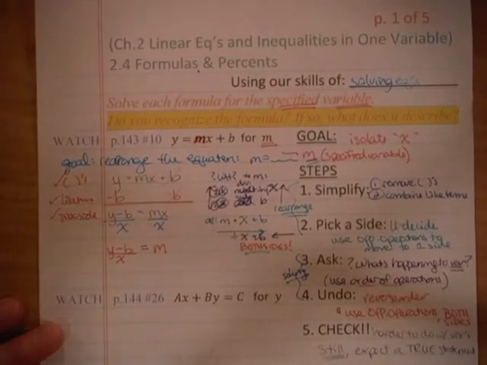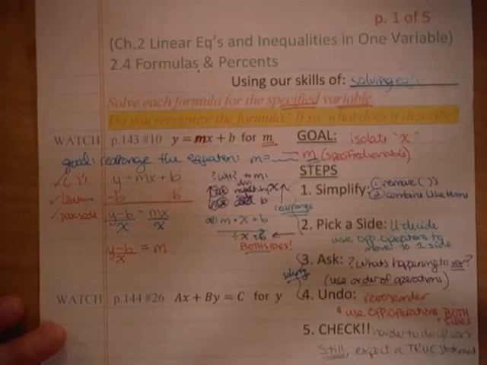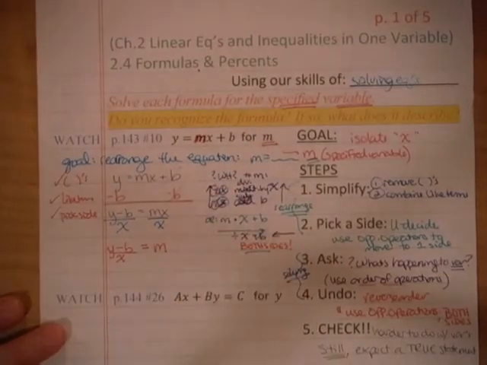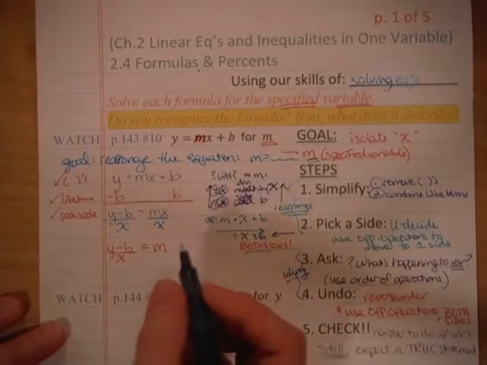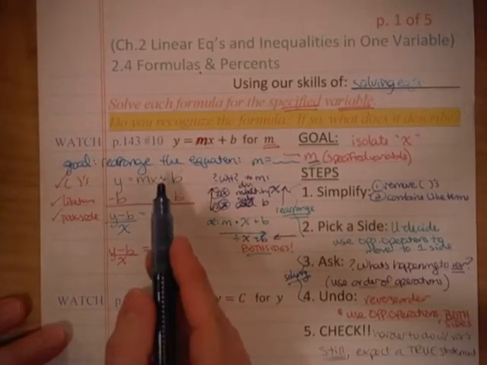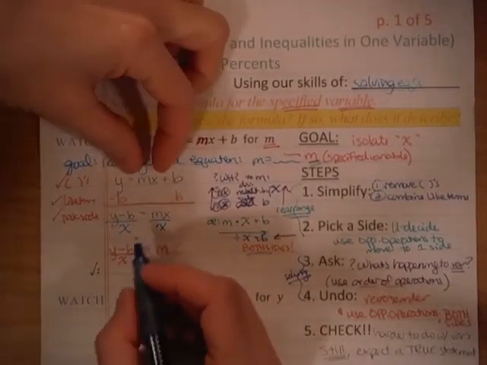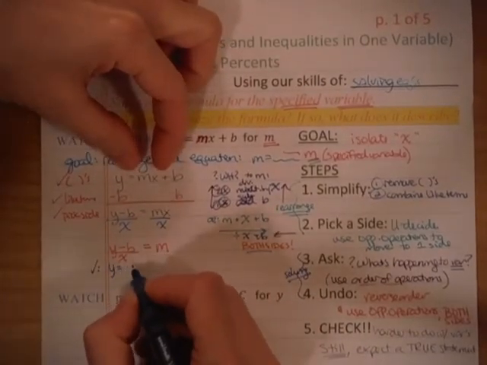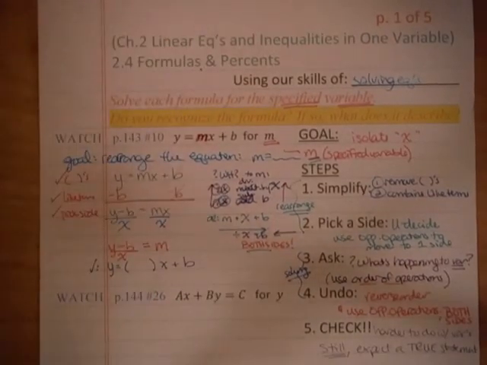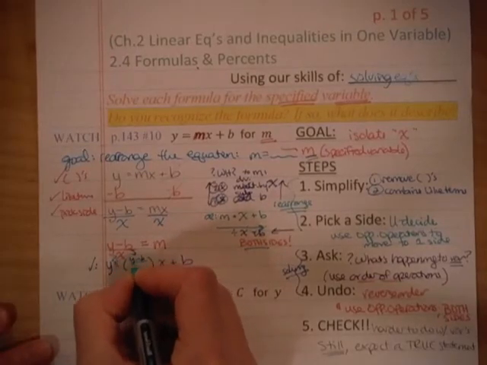over x. Now, I mentioned the check was kind of awkward, a little bit more intense before, but what you can do is use the back of the book as your check right now. If you were to check it back in the original, you would start with that original of y equals mx plus b, and you'd put in what you found to be m here, y minus b over x.